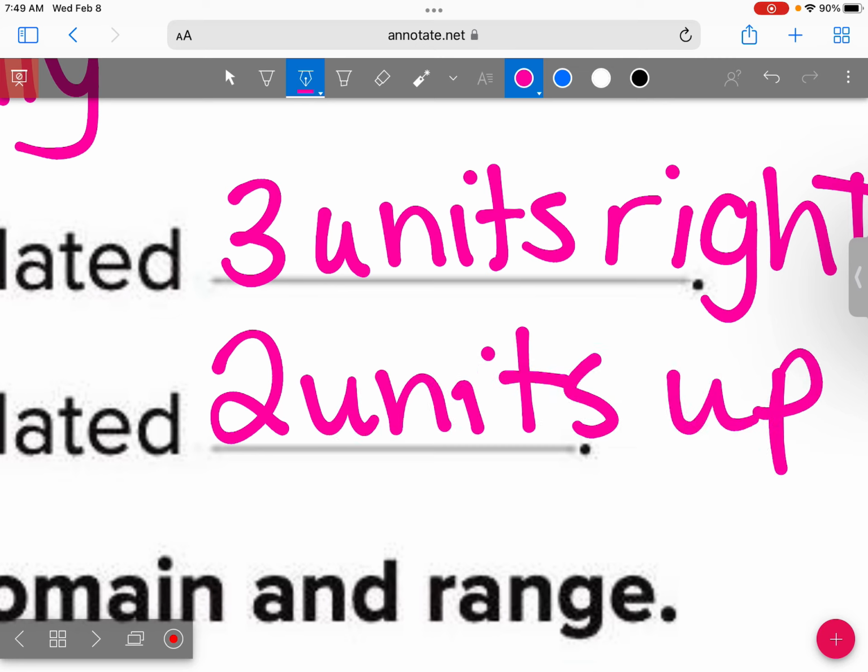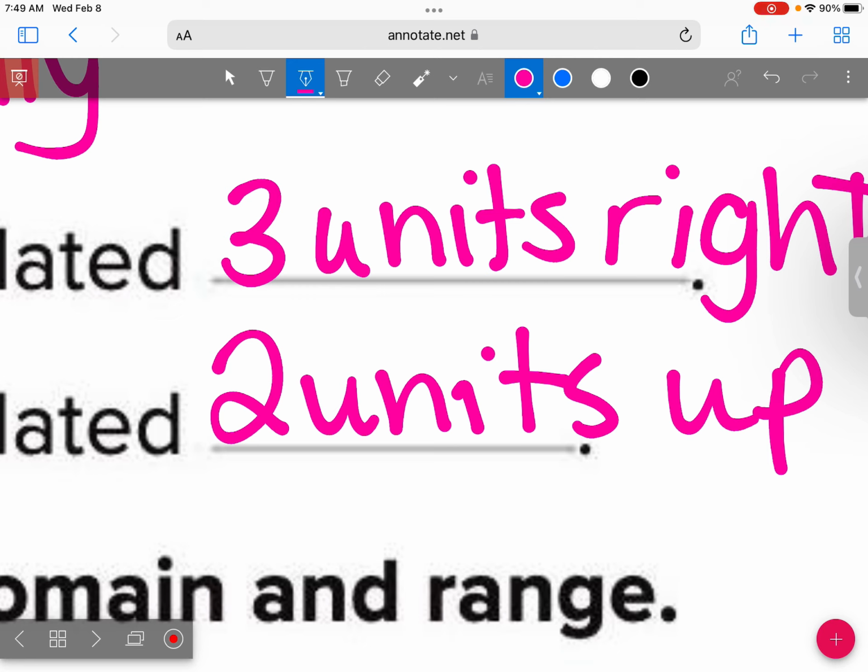Makes sense? Very familiar, right? You guys have worked with this a lot now. So now we just want to determine our domain and our range. What is our domain? What are we looking at with domains? Our x's.